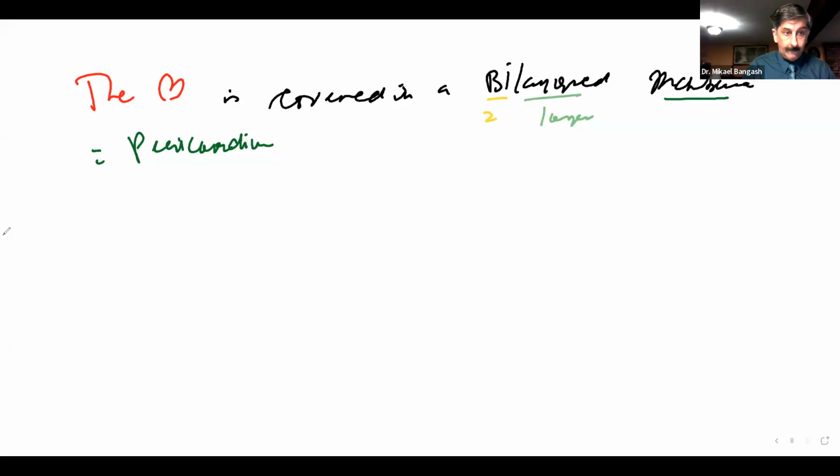Now, the pericardium has 2 layers. We have an outer layer of the pericardium, which we call the parietal layer, right?